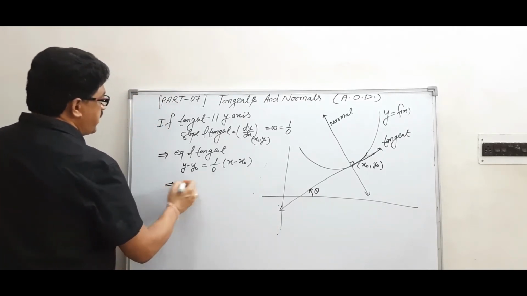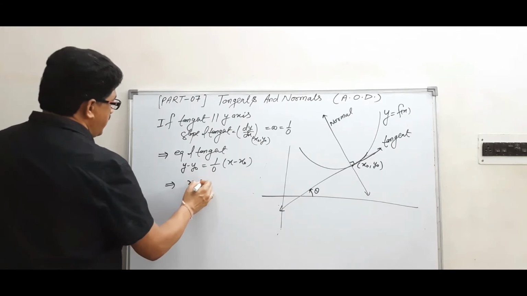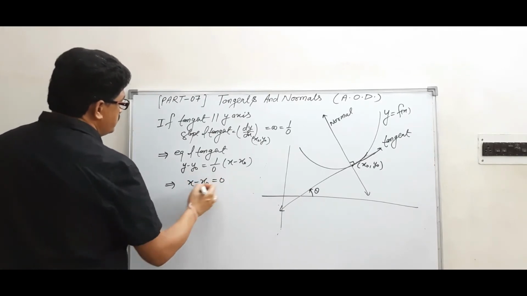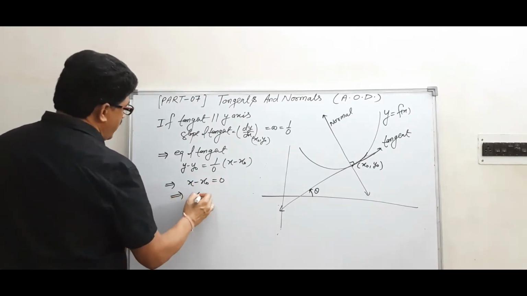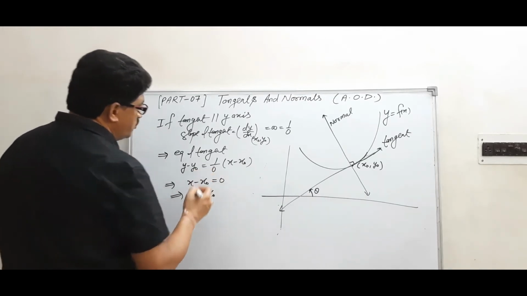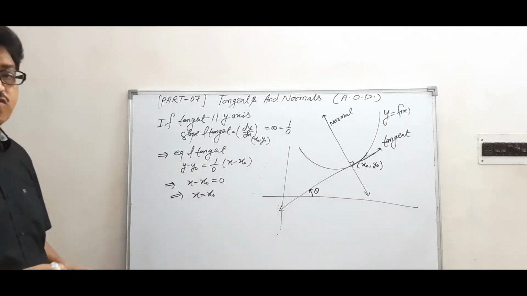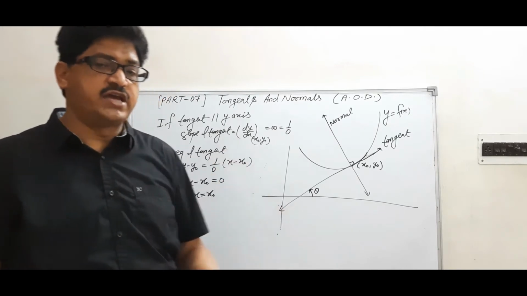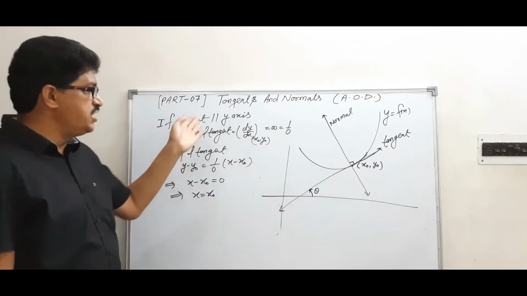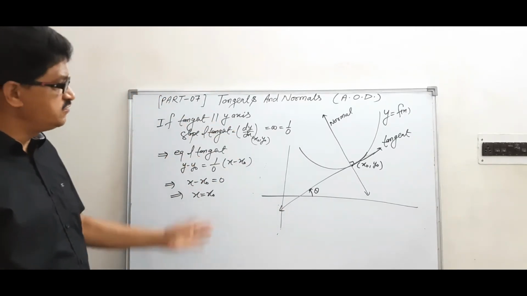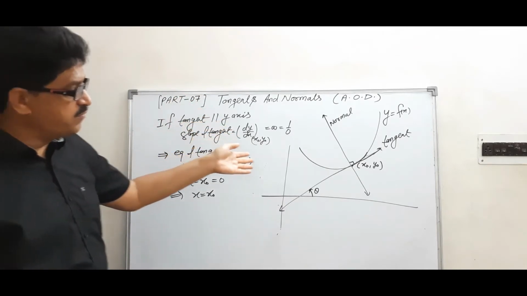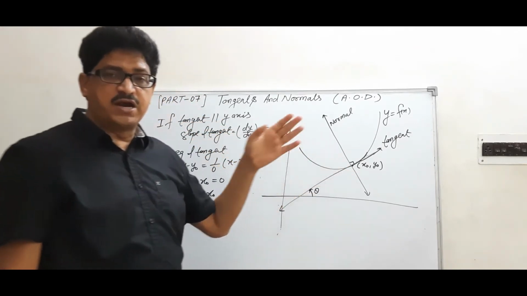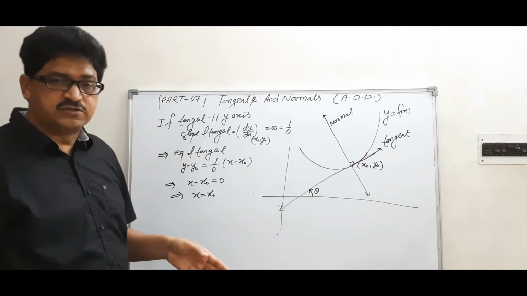By cross multiplication you will get x minus x0 is equals to 0, or x is equals to x0. In this case, the value of x is equals to x0 when tangent is parallel to y-axis. So in this way, you can see what are the properties of tangent. Tangent may be parallel to x-axis, y-axis.